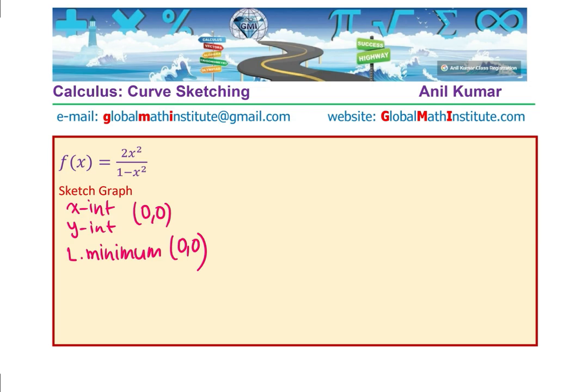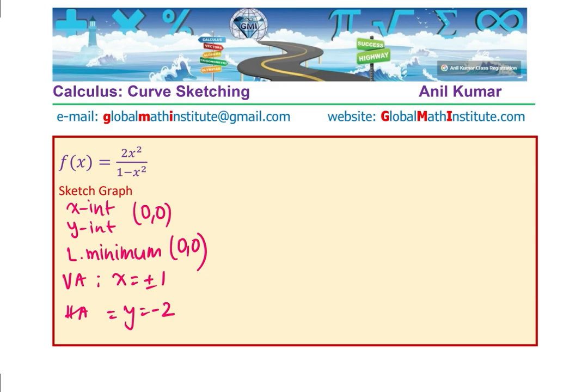And we also saw that the function is decreasing. Let's check once again, right? Vertical asymptote at x equals plus and minus 1. Horizontal asymptote at y equals minus 2, right?